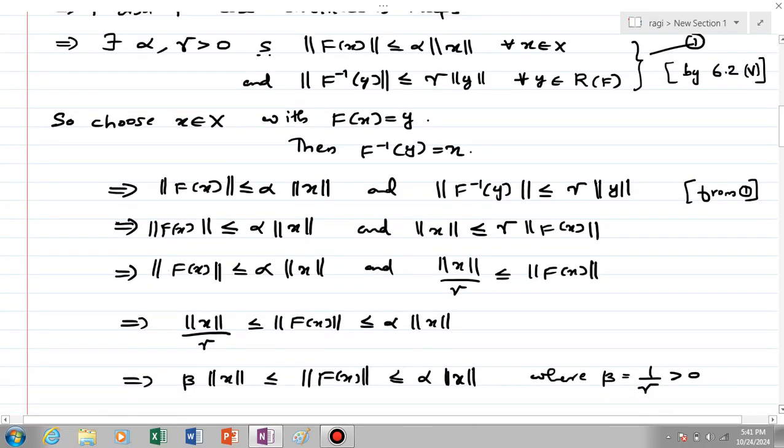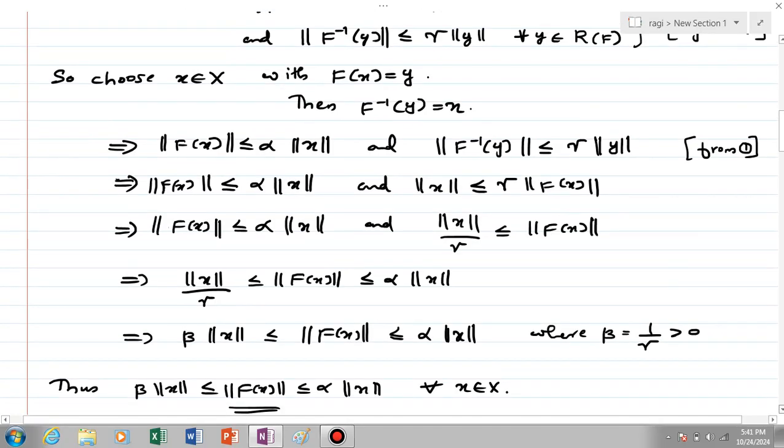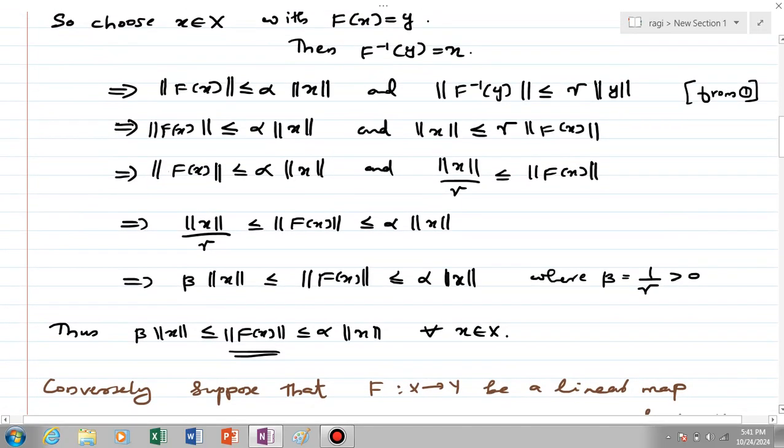We get norm x by gamma less than or equal to norm F of x less than or equal to alpha times norm x. Taking beta equal to 1 by gamma, we can write it as beta times norm x less than or equal to norm F of x less than or equal to alpha times norm x. So we have found constants alpha and beta positive satisfying the required condition for every x element of X.